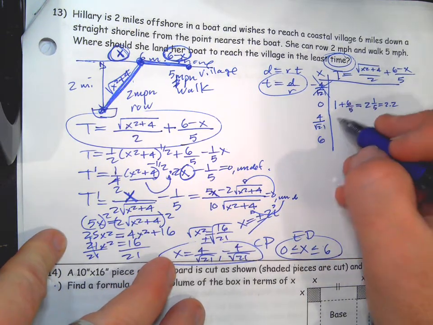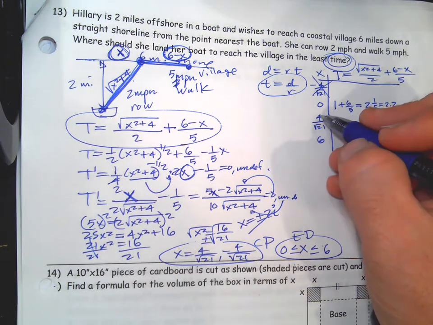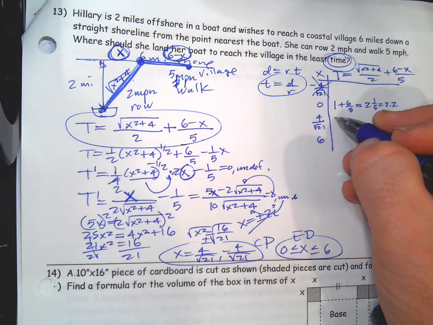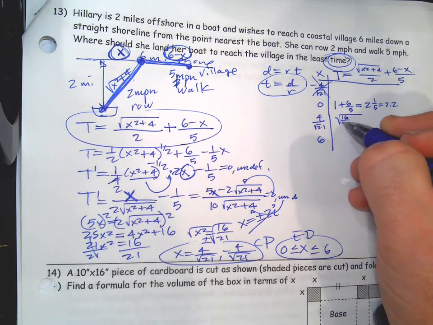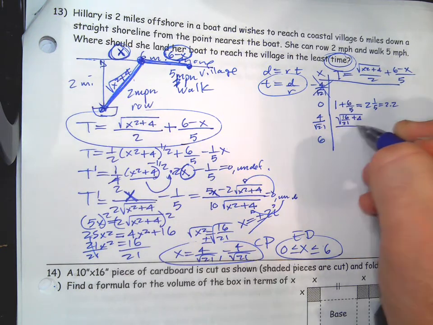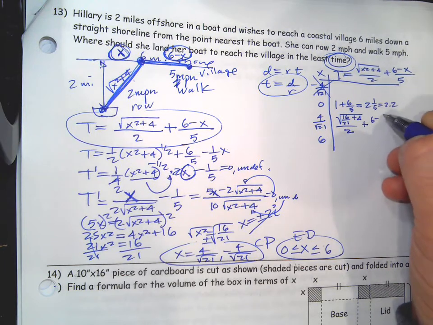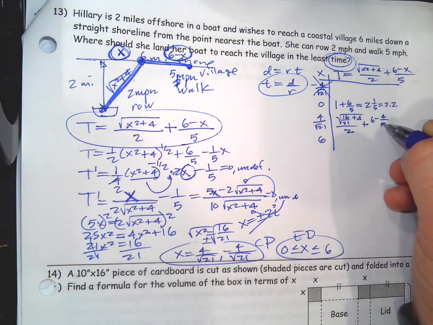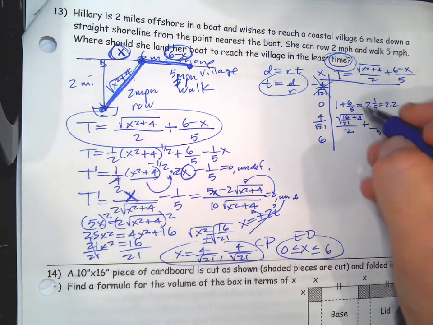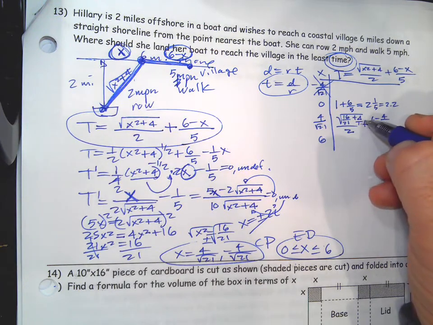Okay. This one's kind of ugly. You're going to square it, so you're going to get the square root of 16 over 21 plus 4, over 2, plus 6/5 minus 4 over 5 square root of 21. Let's see if we can clean this up. The least common denominator would be 21. That'd be 84.